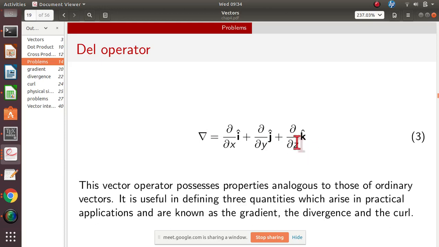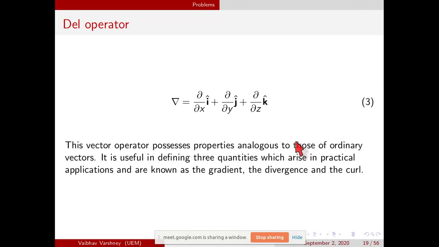Sir, if you can show some examples on the del operator. Only the del operator means the sums are on gradient, divergence and curl, because del will operate on something. The function of del is to operate, and when it operates, it operates in terms of gradient, divergence or curl.